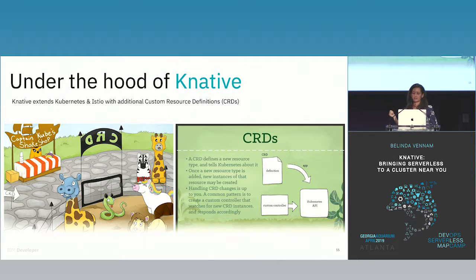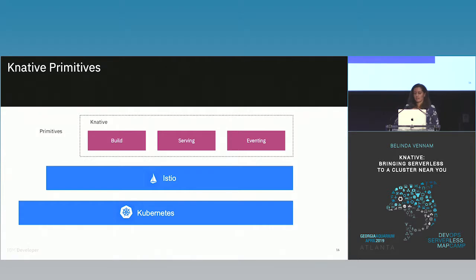In this one, Phippy's going to the zoo, and she sees the CRD pen, and it's got some peculiar custom-made critters: a giraffe with a hippopotamus head, a snake with raccoon ears, and a unicorn with no horns. They're all these custom zoo critters, but they're still animals in the zoo. So each of those Knative primitives that we talked about before defines some CRDs to extend Kubernetes. We'll jump into each one of those primitives now.